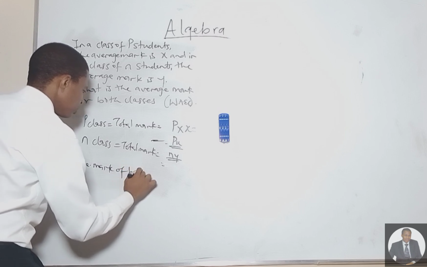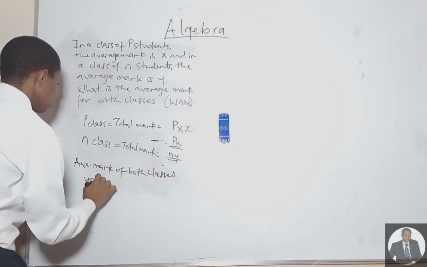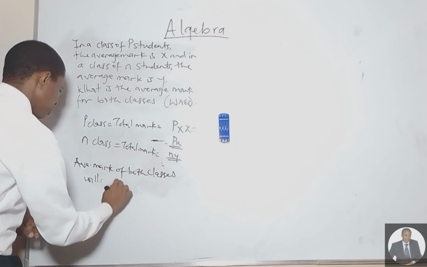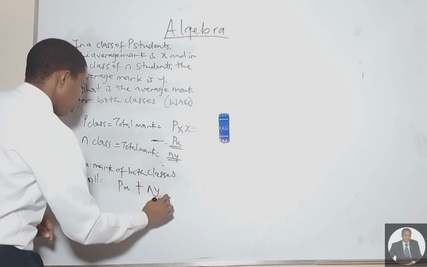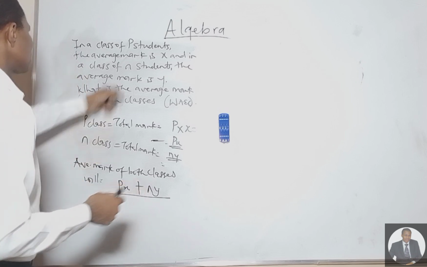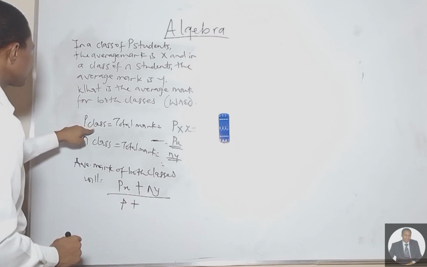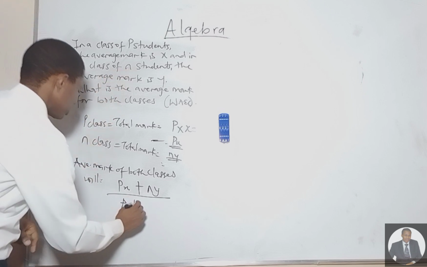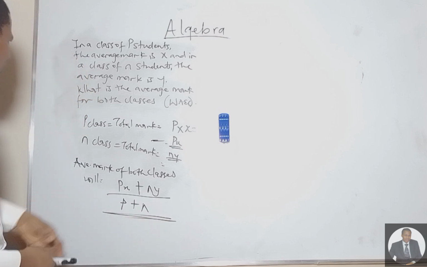of both classes will be PX plus NY, all over the total number of students in P class and the total number of students in N class. This would be our answer.